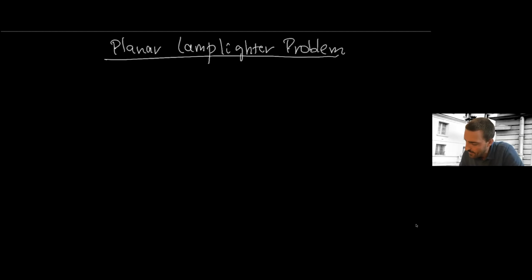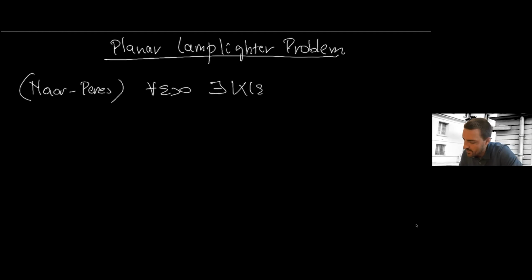So this comes out of a work of Naor and Peres. They showed the following result. This also was proved about 10 years ago. So for every epsilon positive, there exists some constant that depends on epsilon, and there exists a map from Z2 wreath gamma into L1.